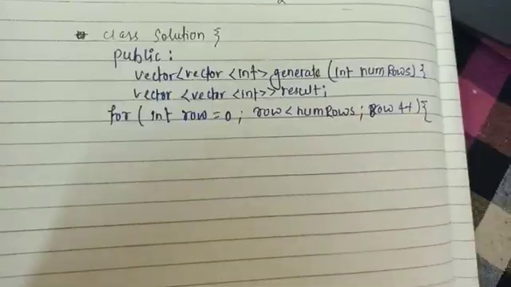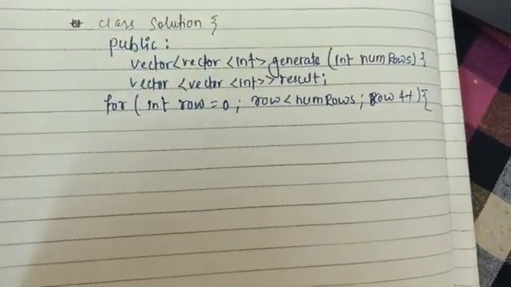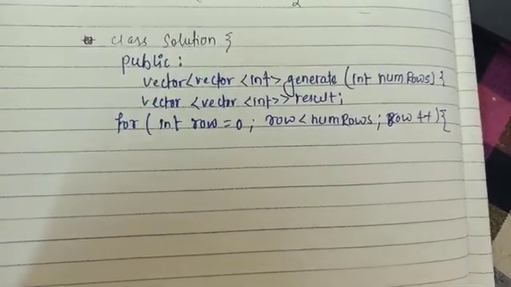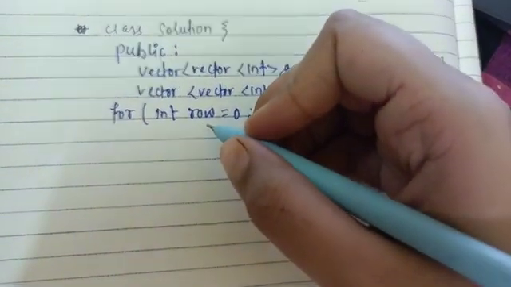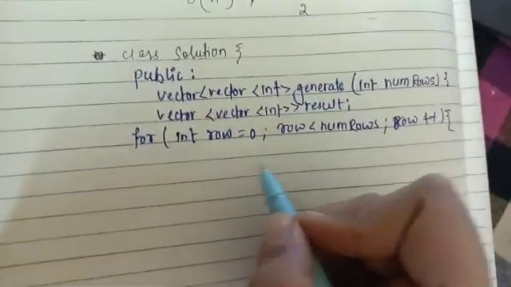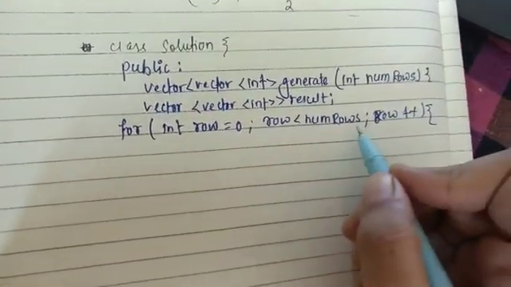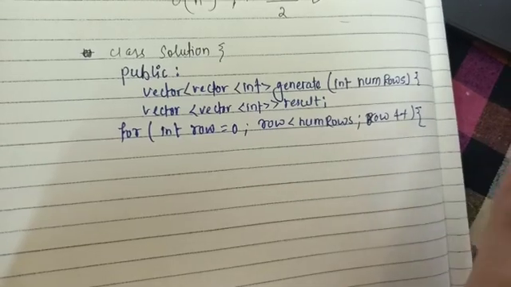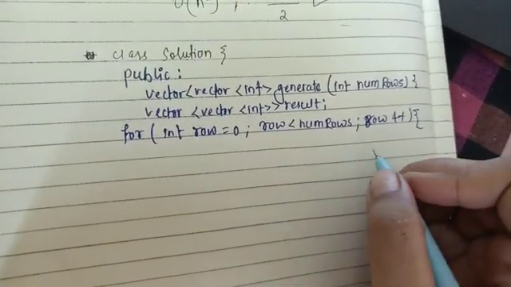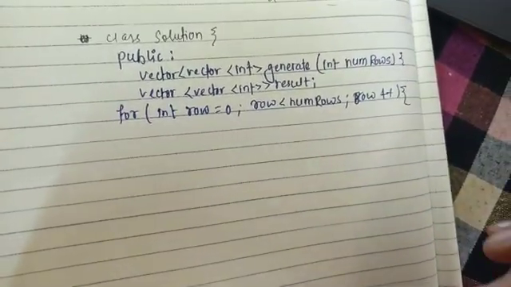Why did we take this for loop? This loop goes from 0 to numRows and keeps increasing until it reaches numRows. Each iteration builds one full row of Pascal's triangle.